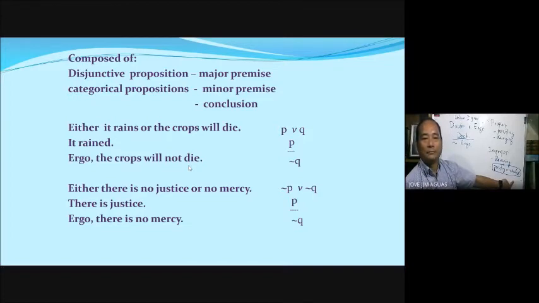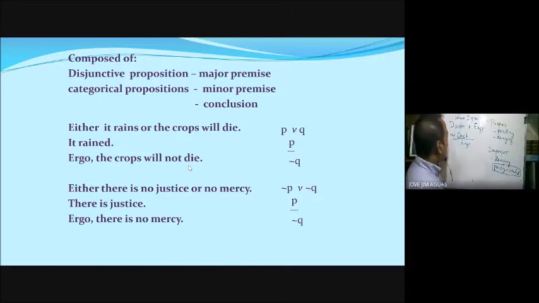Now, suppose I follow the denying process. I said, I will not be a doctor. Then it follows that you will be an engineer because you said you will either be a doctor or an engineer. Meaning, there should always be at least one that you accept. So if you deny one, you will not be a doctor, it's automatic that you will be an engineer.